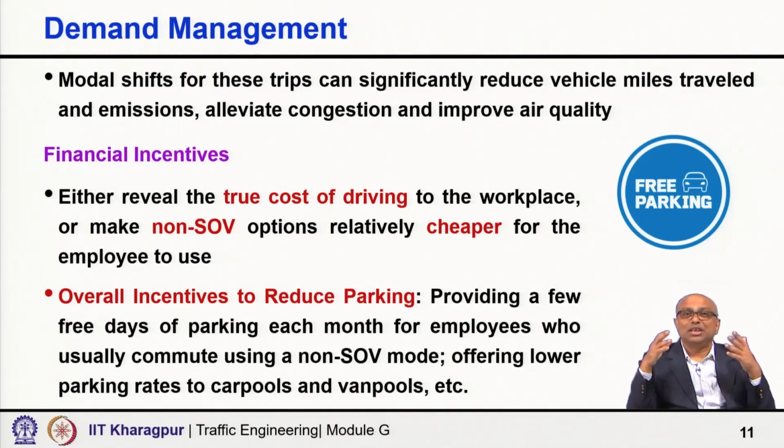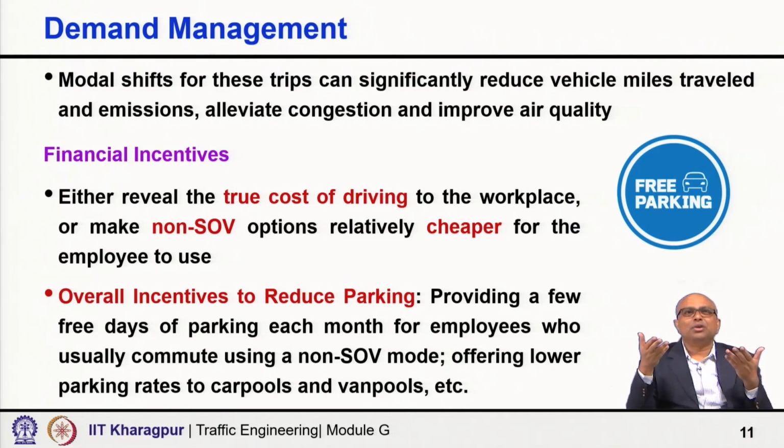So, either reveal the true cost of driving to the workplace or make non-SOV options relatively cheaper for the employee to use. So, either I make them realize the true cost of driving using a single occupant vehicle during the peak hour, how much each employee is paying, and then show them that if you use non-SOV options, you can see how much saving you can make.